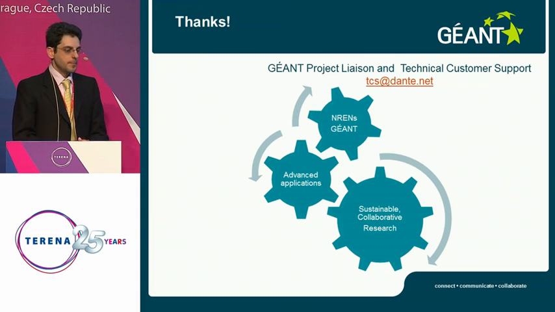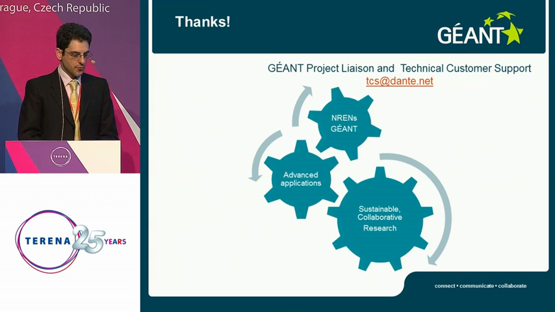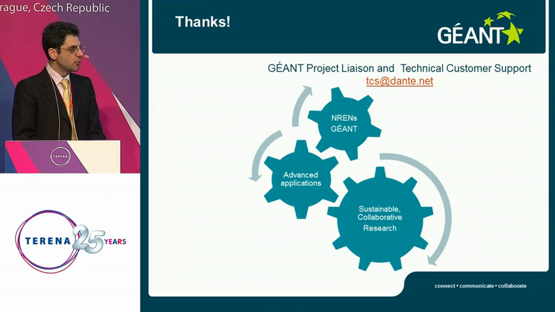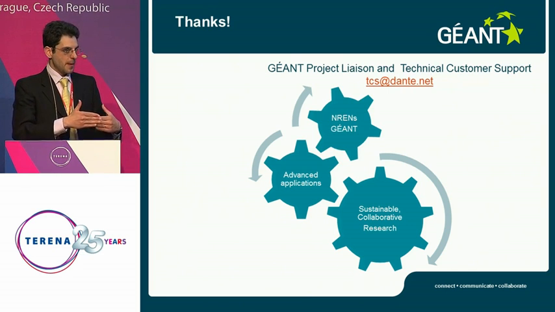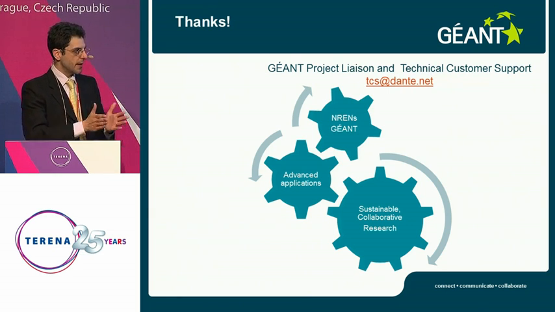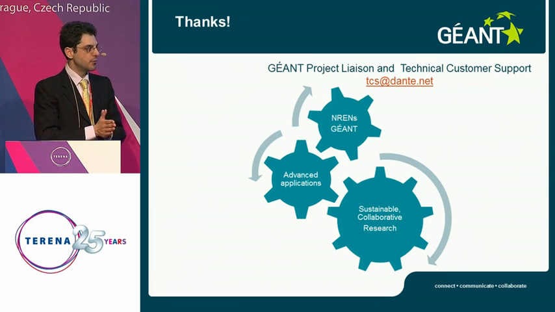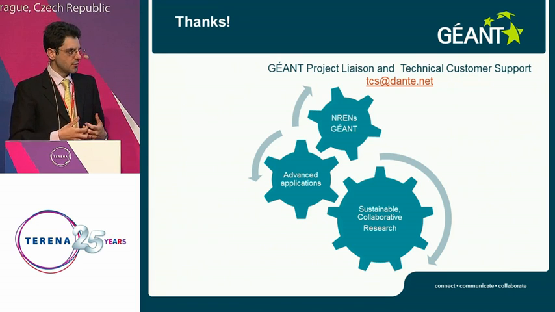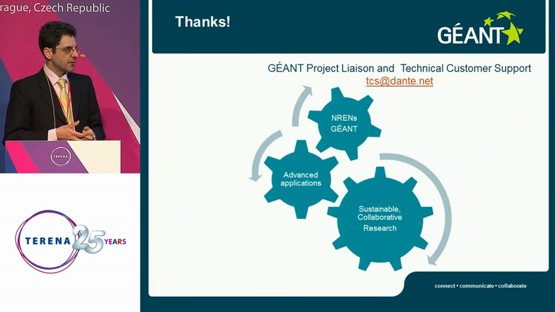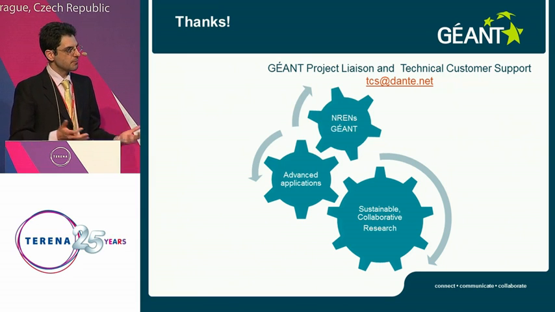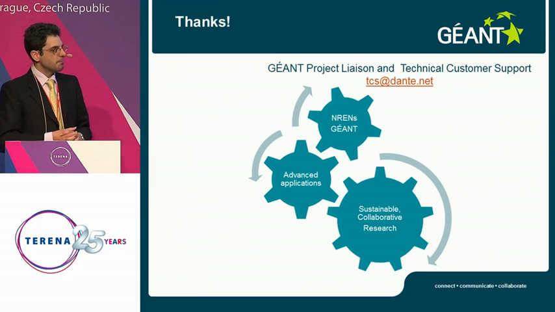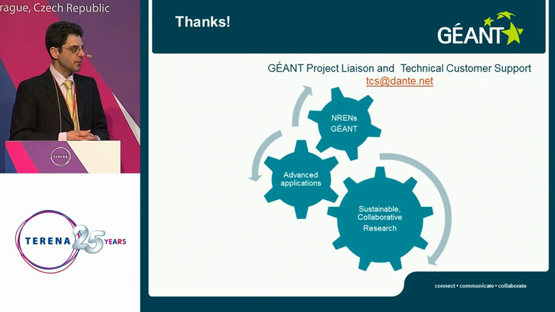Well, I think the first thing that we need to do is trying to improve the communication. So improving the channel that we have between GÉANT, the NRENs, and the final users. There are many possible ways to do that, and I think that we really need to improve this communication, increasing the awareness about the fact that there is a dedicated set of connectivity services that might be interesting for many of the projects.